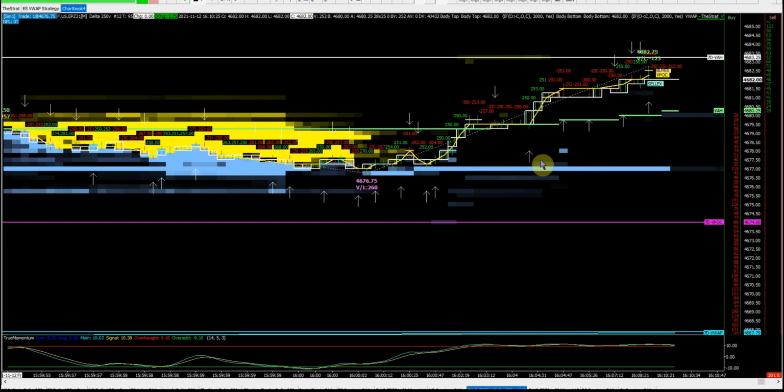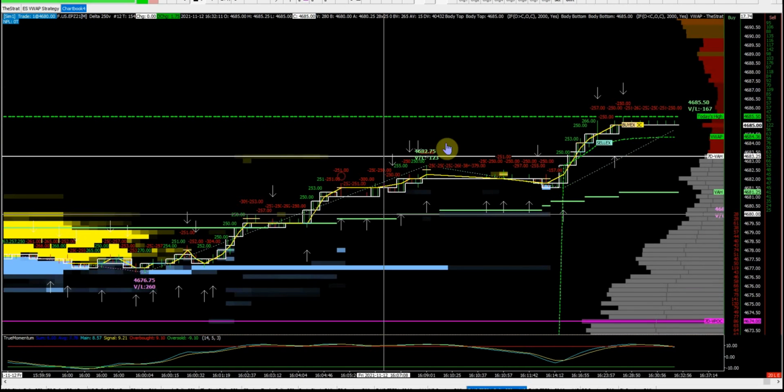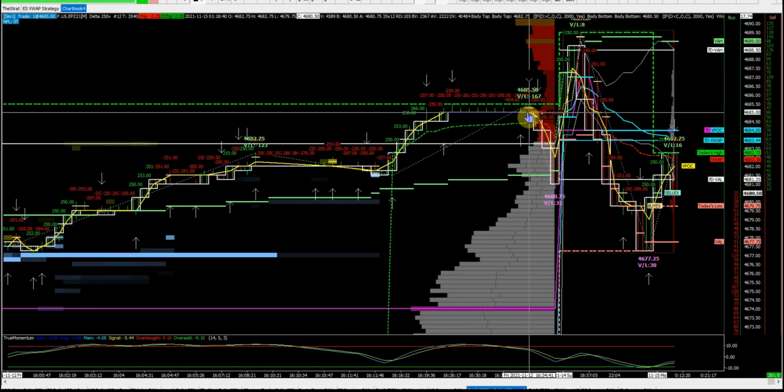So you could conceivably get back in, and then here we go at the end of the day. Pretty close to the end of the day. What happened here? The buyers came in, the sellers came in, the sellers were not able to drive this thing back down except right before market close. Okay?